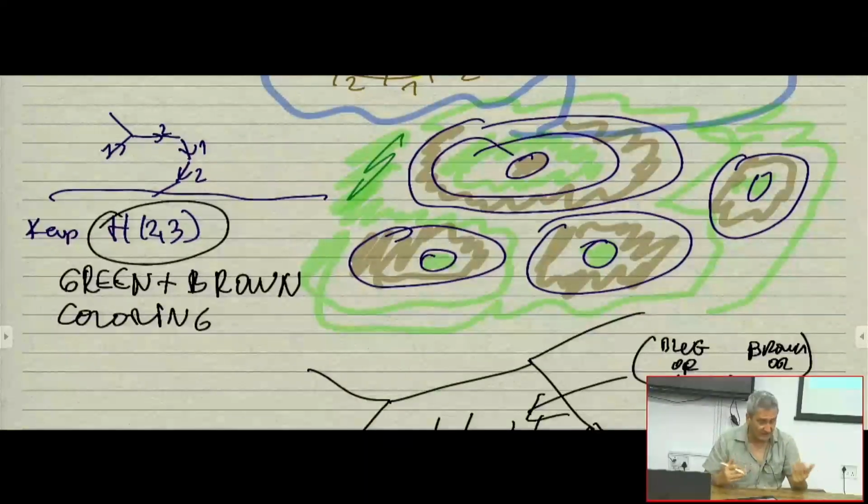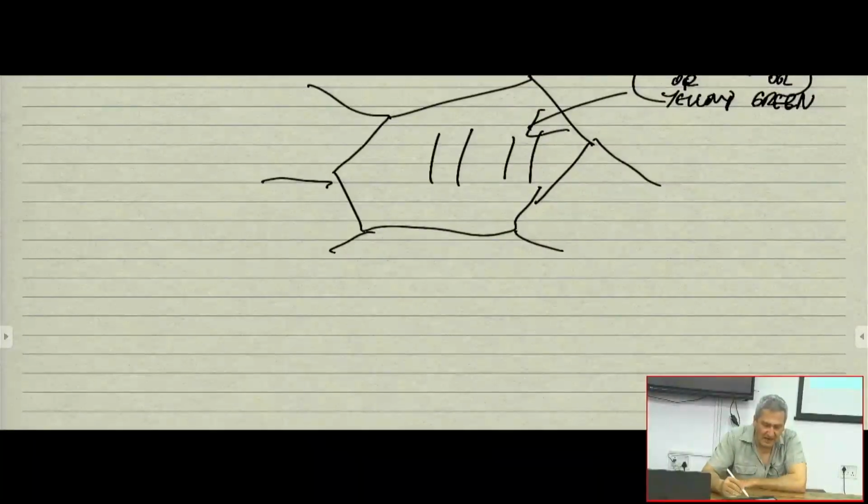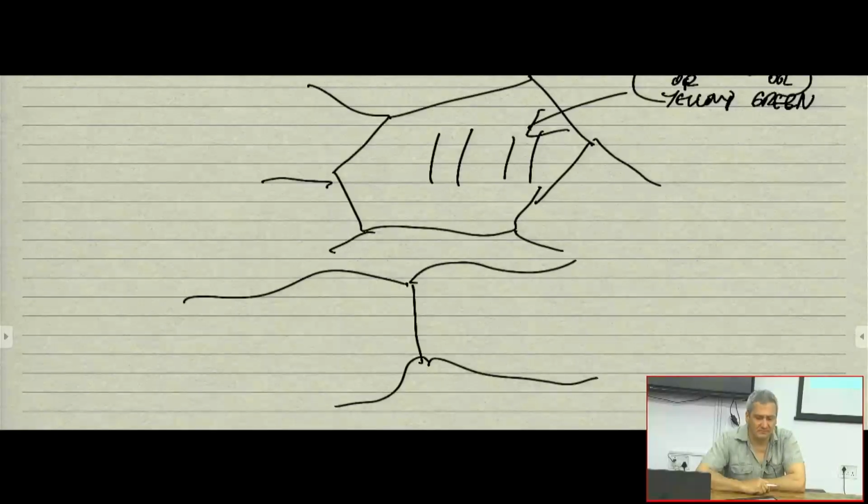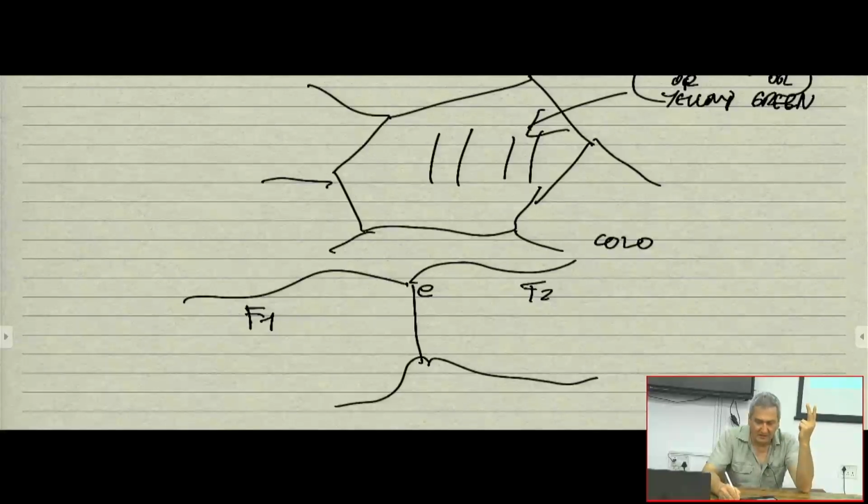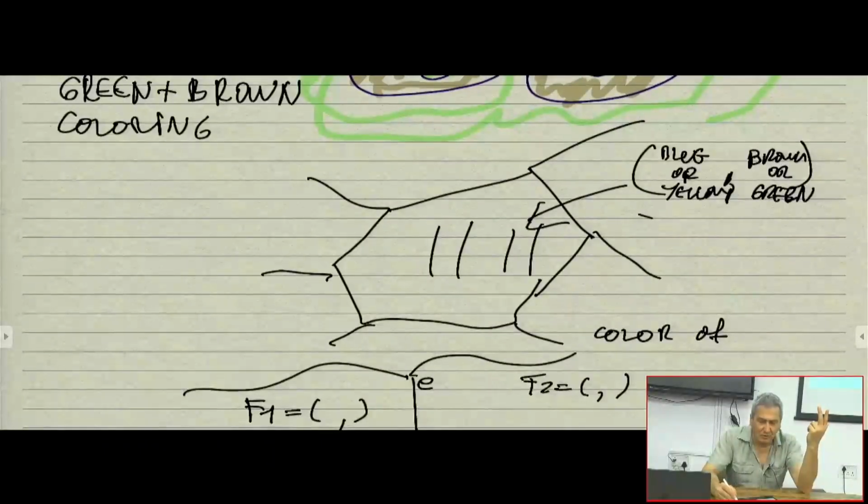It will not cut the whole face. Now if we take two faces in the original graph, face 1 and face 2, and this is the edge between them. We make it two colors for every face. We take first color blue or yellow, and the second color is brown or green. Every face has two colors.